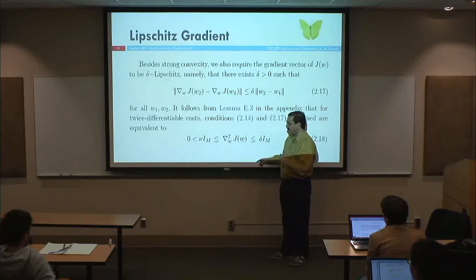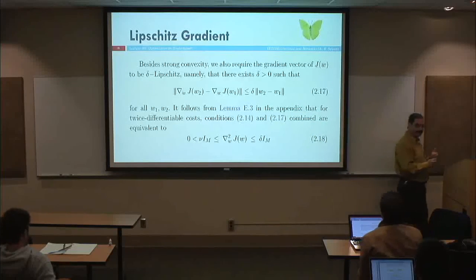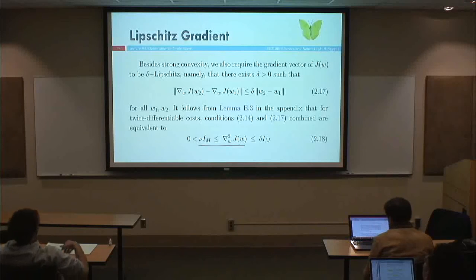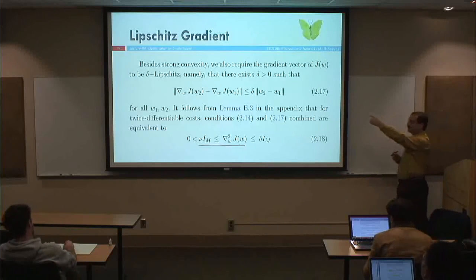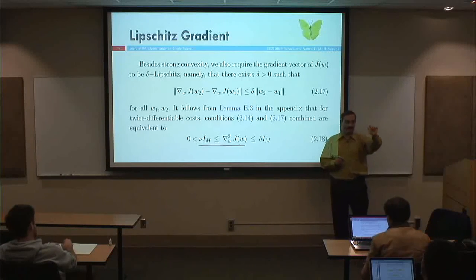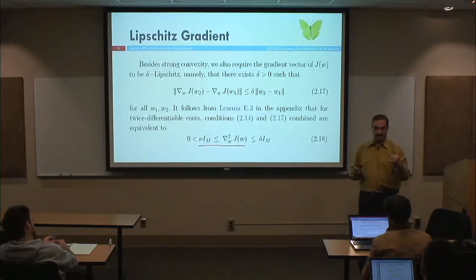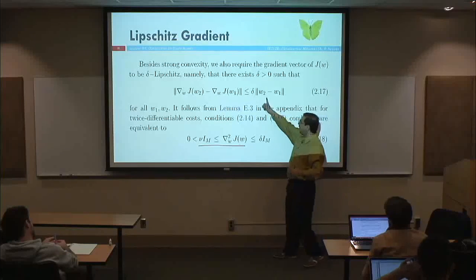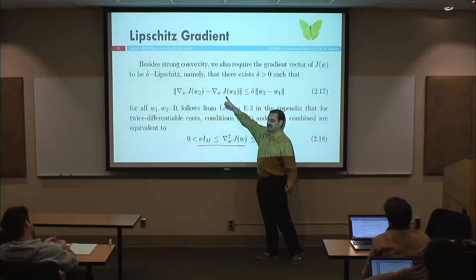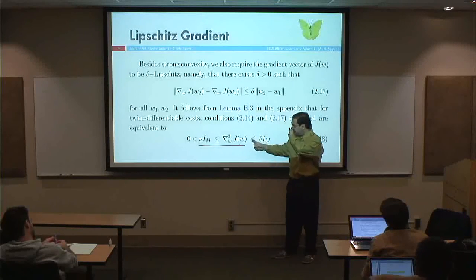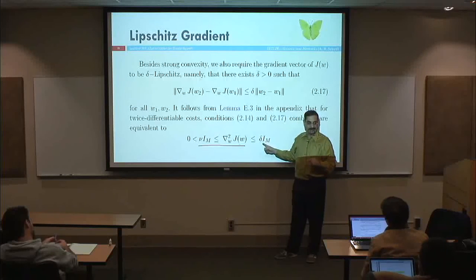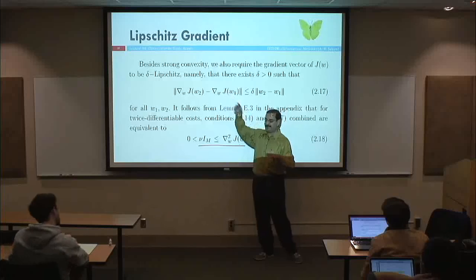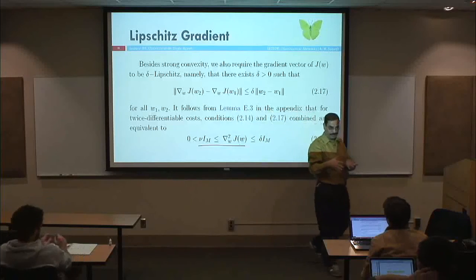Because the function is assumed strongly convex, the Hessian is bounded from below, correct? And because the gradient is Lipschitz, remember this was one of the key results from the last lecture, the Lipschitz condition on the gradient is equivalent to the Hessian being bounded by delta, right? I gave you an intuition for that. If you just divide this by that, this looks like the ratio of a derivative, right?